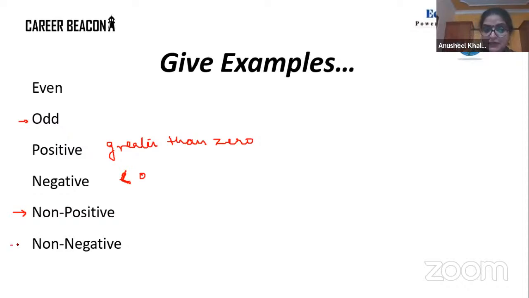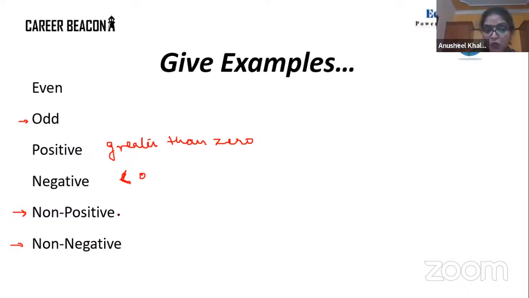Okay, and similarly, they'll say non-negative is like not negative. Not negative means positive, 0, like 1, 2, 3, 4. But one mistake they are making here is that they do not understand that 0 is neither negative nor positive. So if you are talking about non-positive integers, you have to consider 0 as well. When you are considering non-negative integers, then also you must use 0 so that you don't fall for the trap, right?